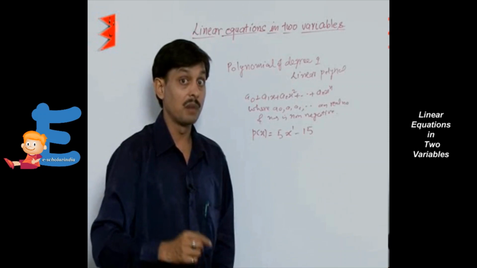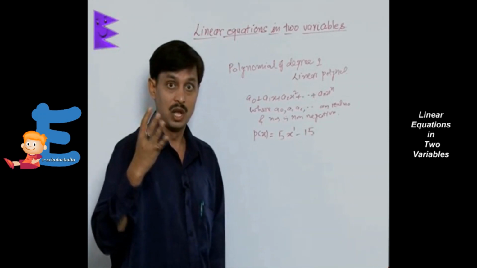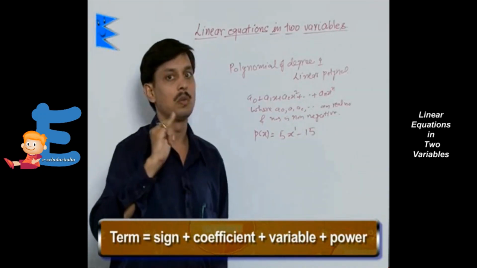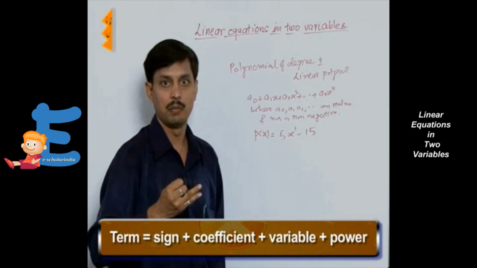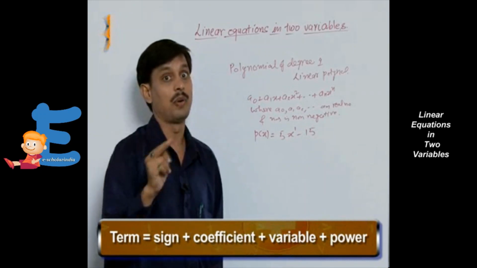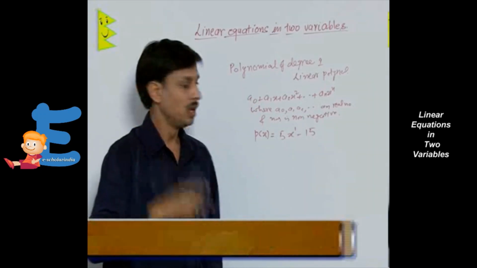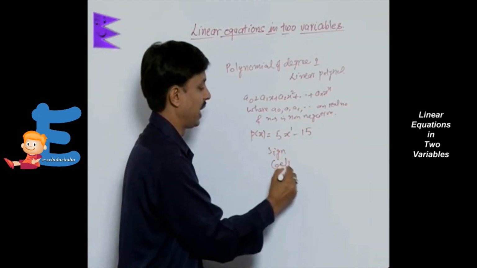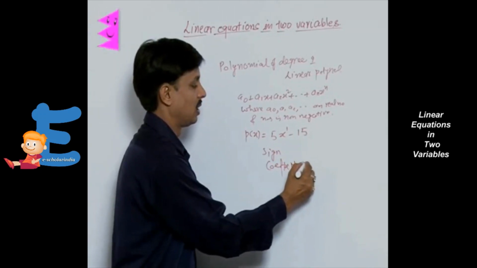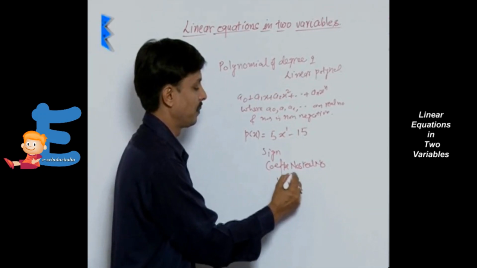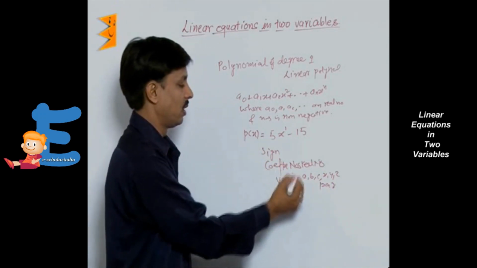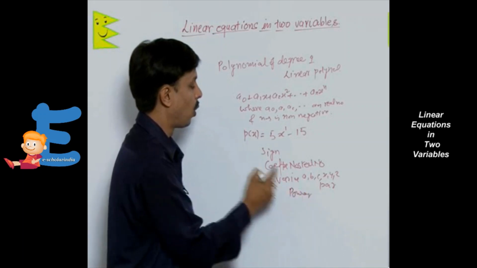You know, every term involves 4 important things, the combination of which is known as a term: the sign, plus or minus; the coefficient, that is any real number; the variable, the English letter we generally use, like A, B, C, or X, Y, Z, P, Q, R; and the power.